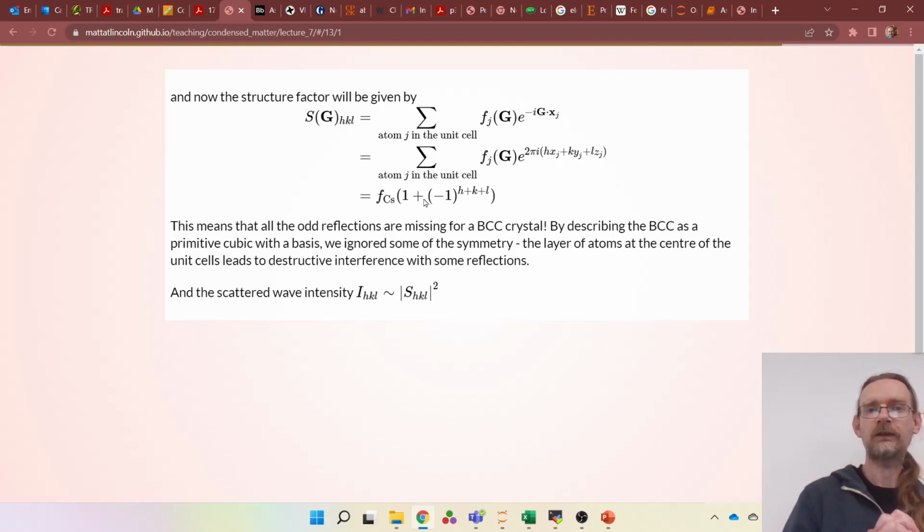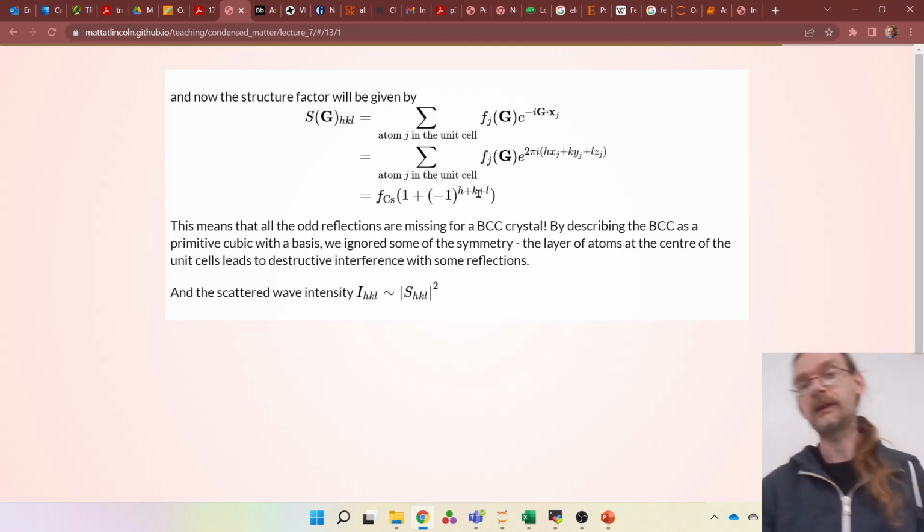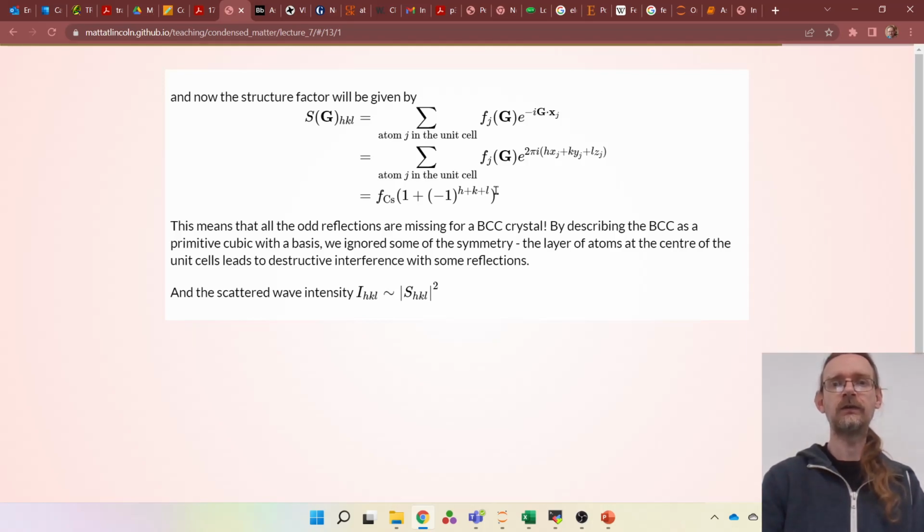So the first reflection, when h squared plus k squared plus l squared sums to 1, wouldn't be allowed. The first reflection that's observed would be with h squared plus k squared plus l squared equal to 2, and then the next one would be 4. So we'd get 2, 4, 6, 8, and so on.